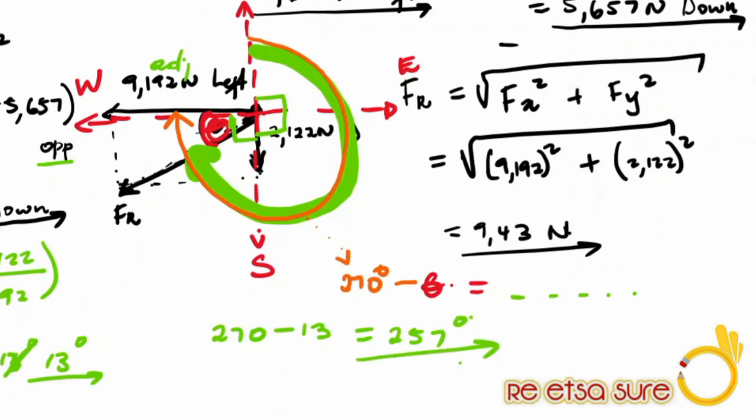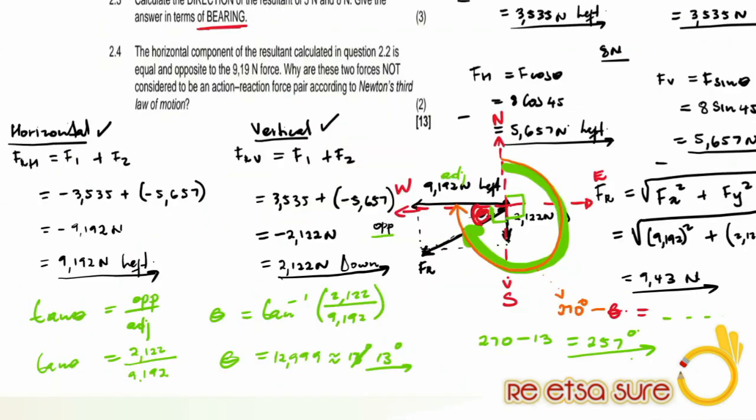This is the angle that they were looking for. So this is 2.3. So obviously you will get 1 mark for substitution, 1 mark for getting 13, and then 1 mark for subtracting 13 from 270. I hope it's clear.